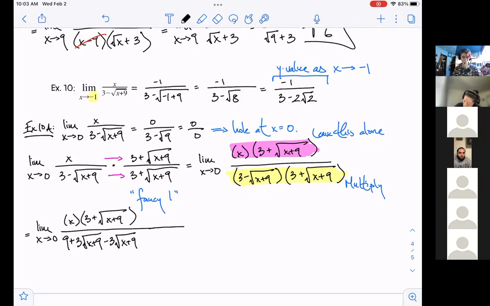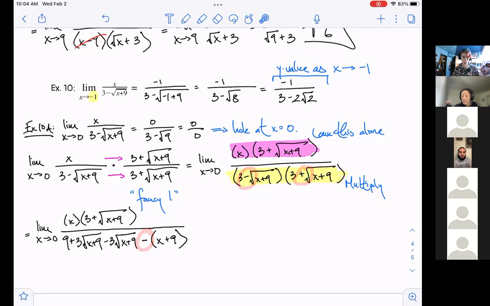We're going to have minus x plus 9. Why is this a minus sign? Because the positive and the negative become a negative. Exactly. Negative times positive gives you that negative.